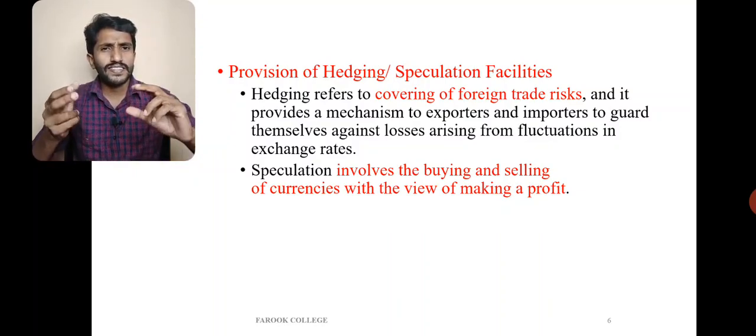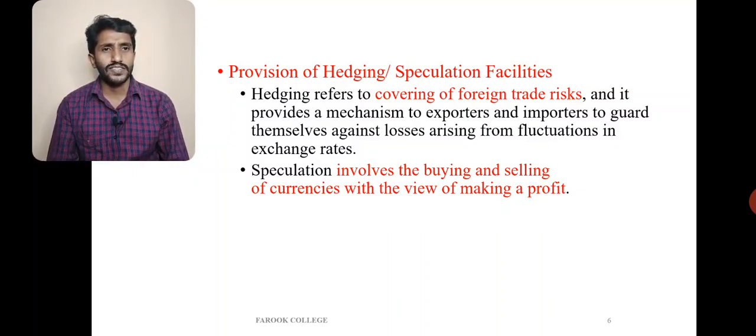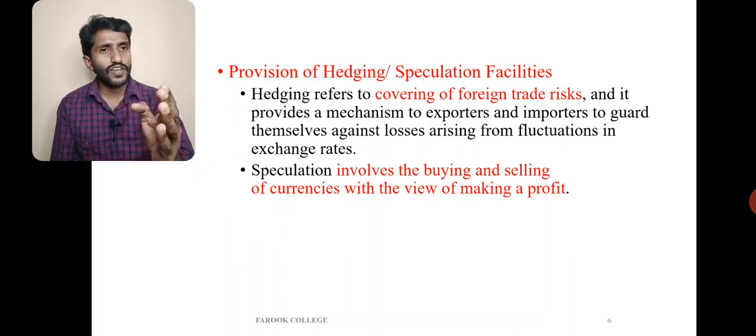So if there is this kind of change in the exchange rate, we can cover it, it is like insurance. We can cover our exports and imports, and cover the foreign exchange trade risk, which is a risk like this.